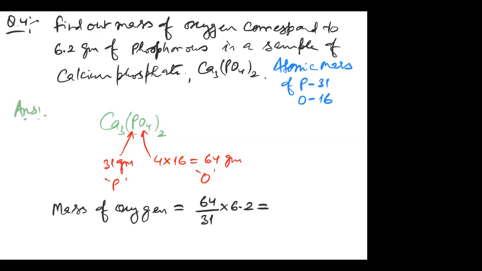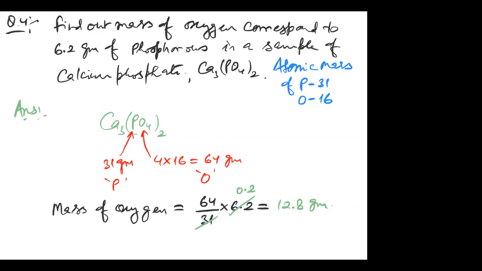So 6.2 divided by 31 is nothing but 0.2, and 0.2 multiplied by 64 comes out to be 12.8 gram. So in a sample of calcium phosphate, corresponding to 6.2 gram of phosphorus, there is 12.8 gram of oxygen.